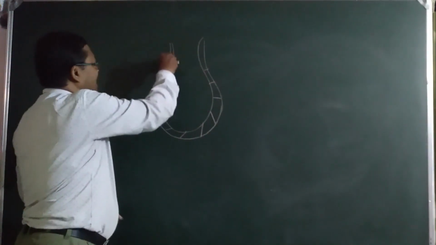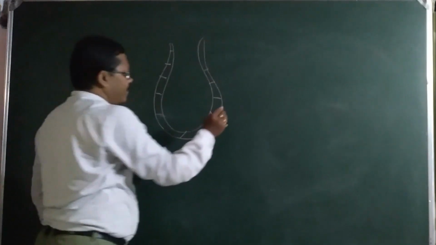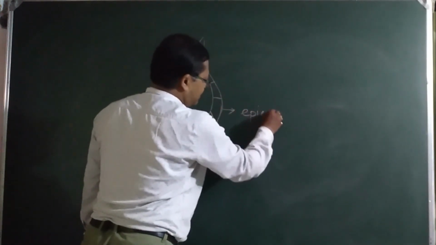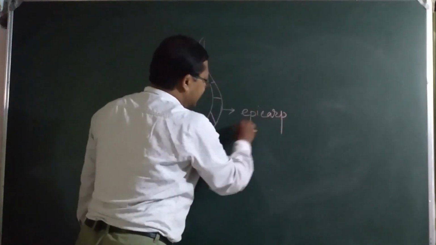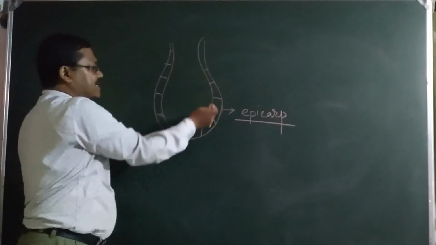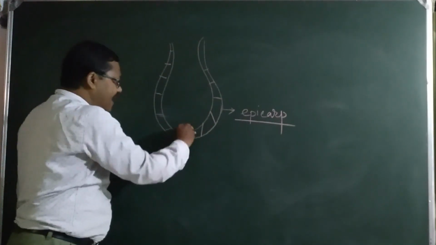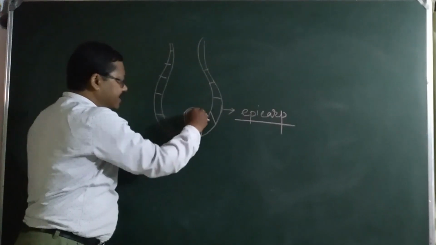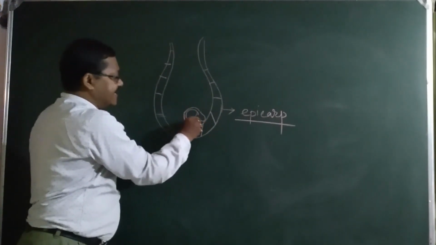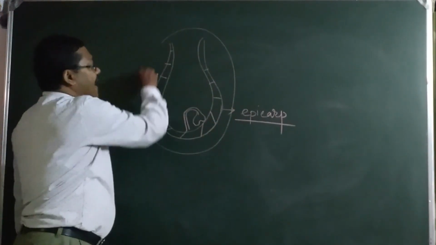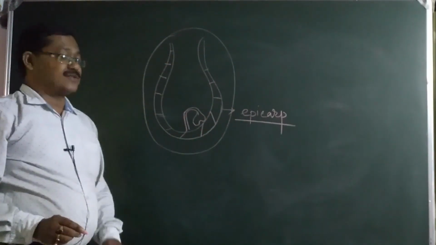This special structure is called the epicarp. When the wall of the ovary is transformed into epicarp and the ovule is fertilized and becomes a seed, then the ovary is matured and ripened.